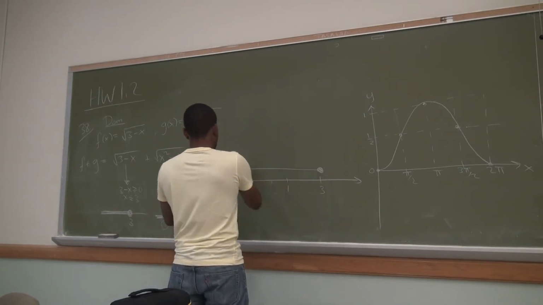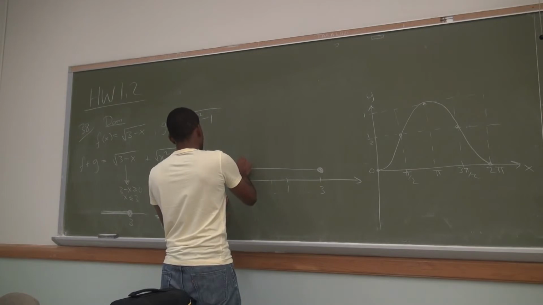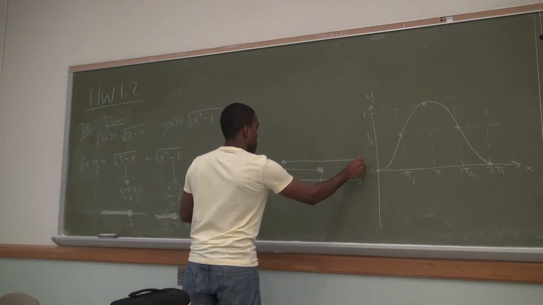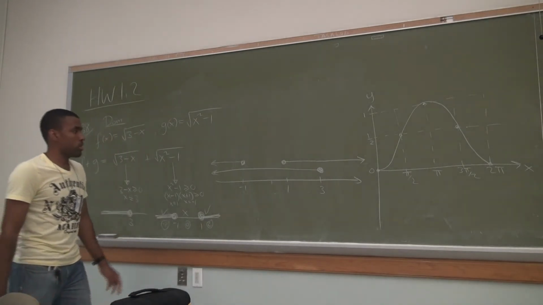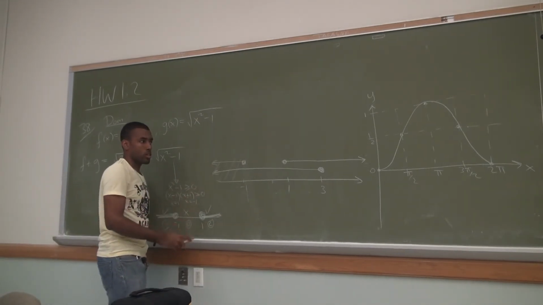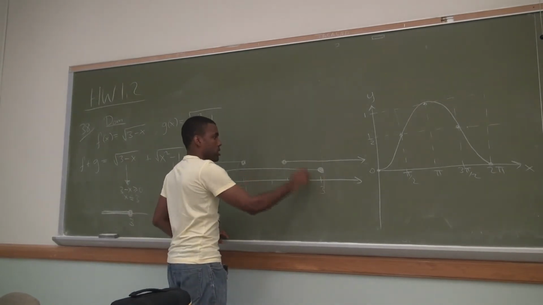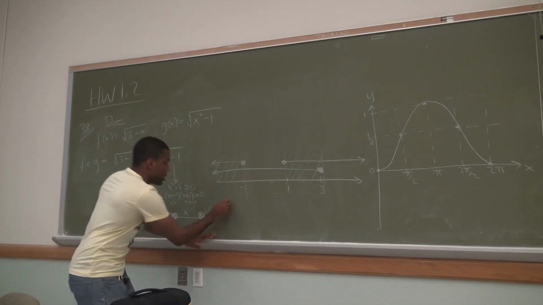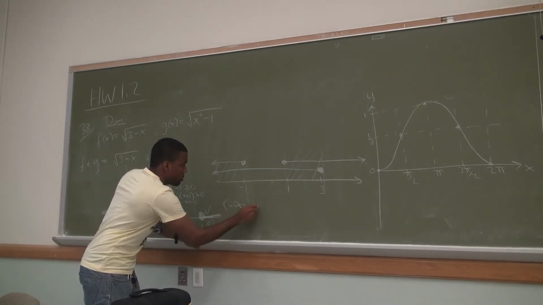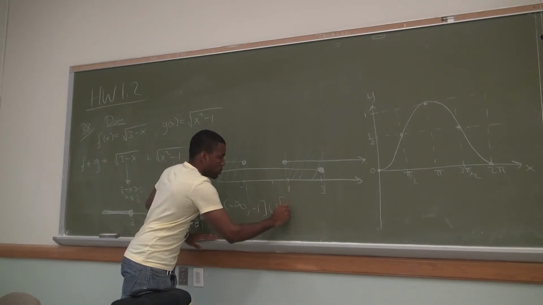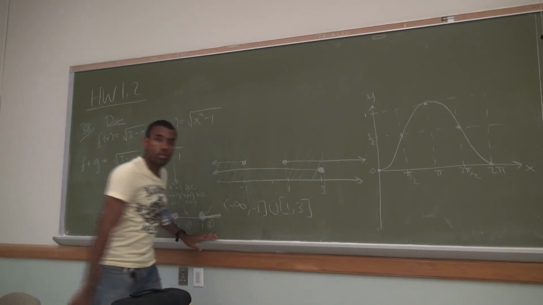Both lines are present in this region, and in this region. So the domain is negative infinity to negative 1 inclusive, union, square bracket 1 to 3.